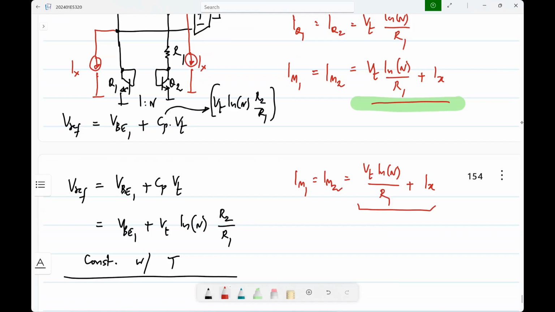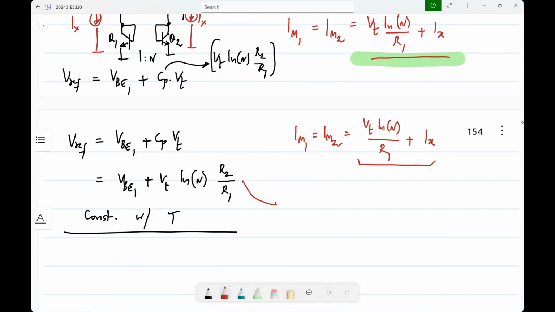What is it? VB1 by R2. Basically, if I divide this by R2, I get Vt log N by R1 plus VB1 by R2.